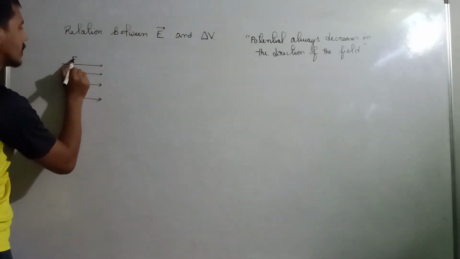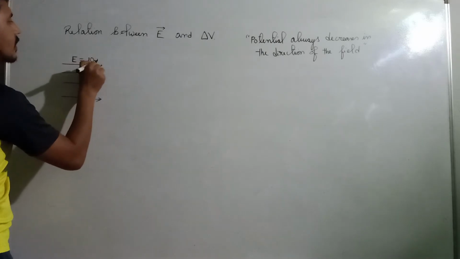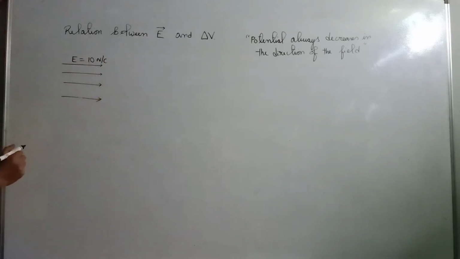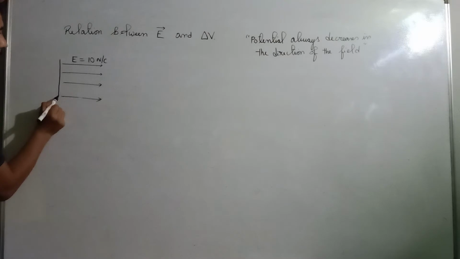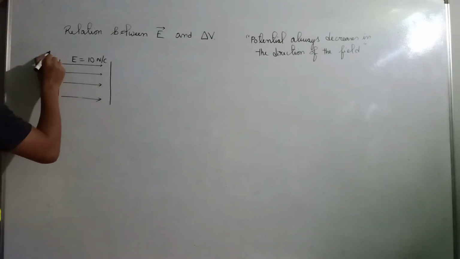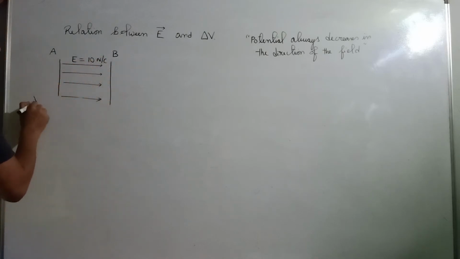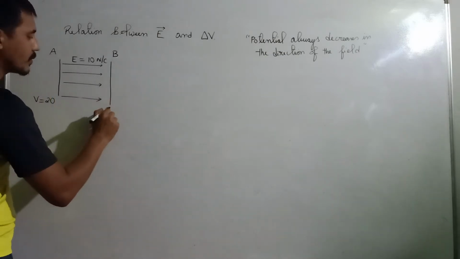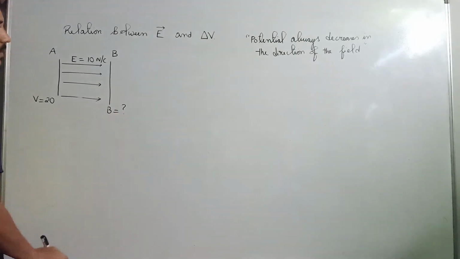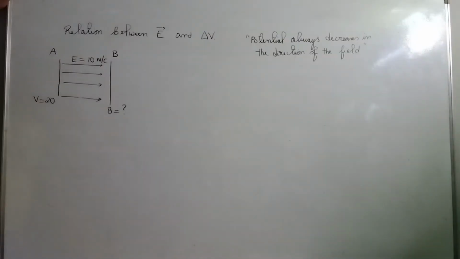You have two plates placed inside this field, plate A and plate B. Plate A has a potential of 20 units, and you want to determine what is the potential at plate B, right? And you need to focus on the direction of the field here, okay?